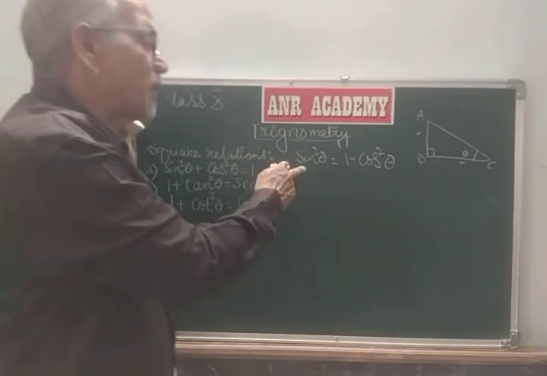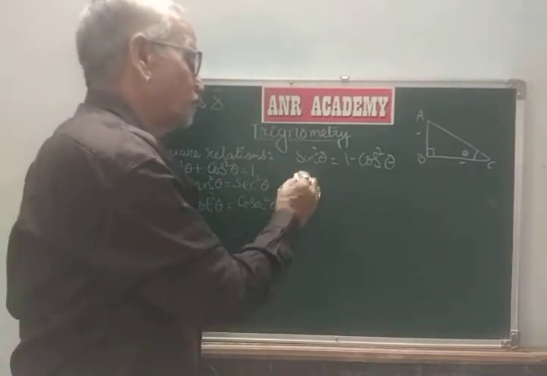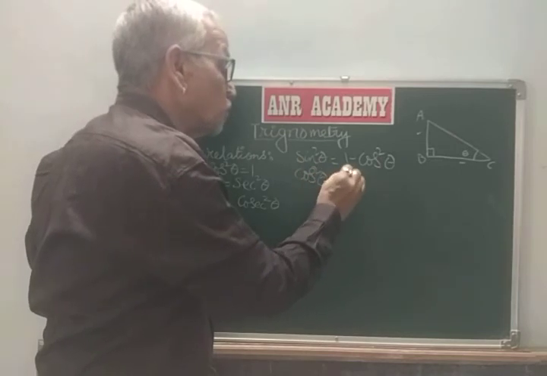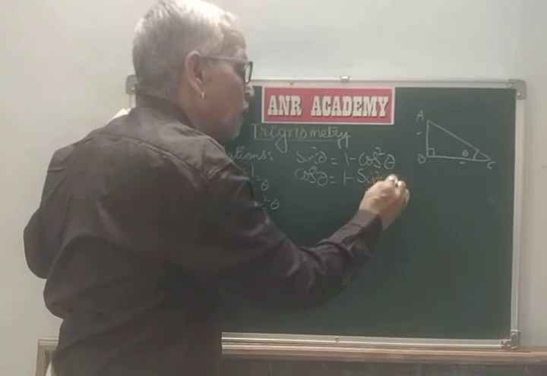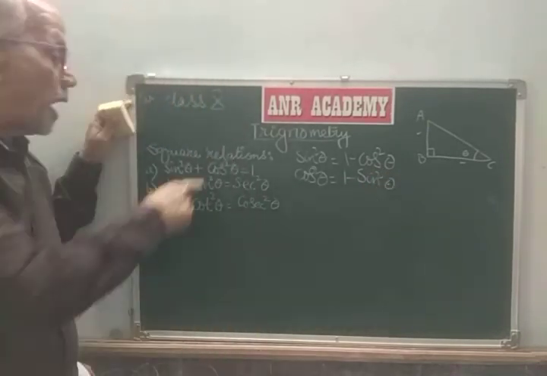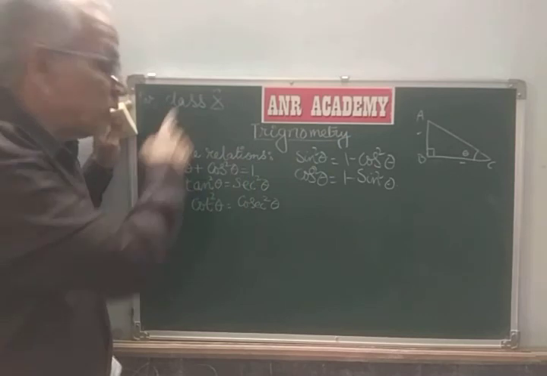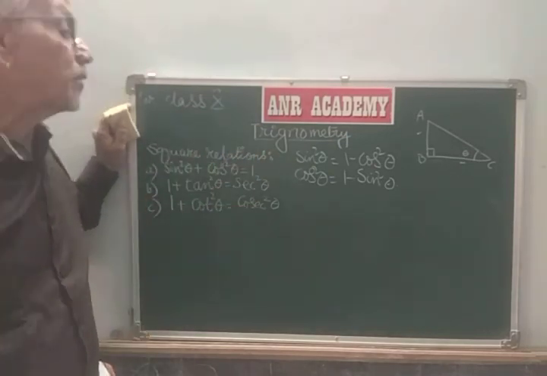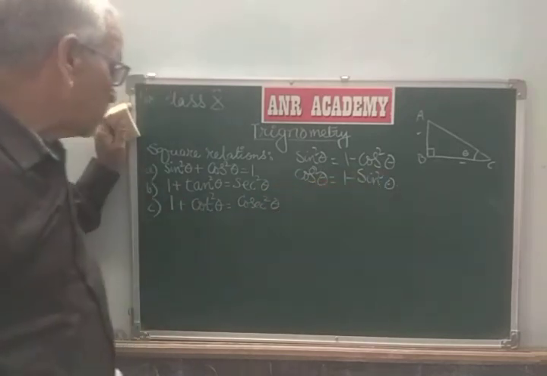Or cos square theta is equal to 1 minus sin square theta. I kept cos square theta here and exchanged sin square theta to the other side of the equation.